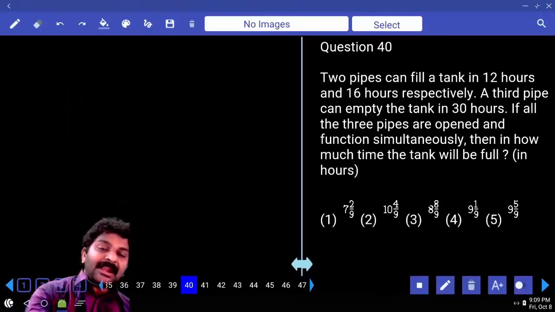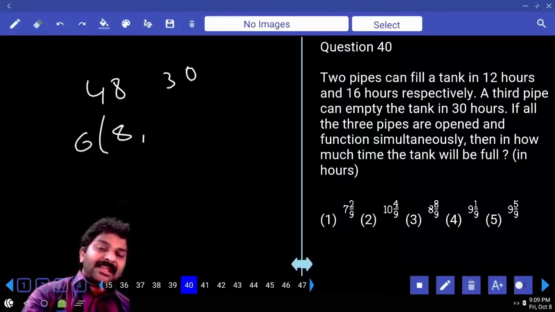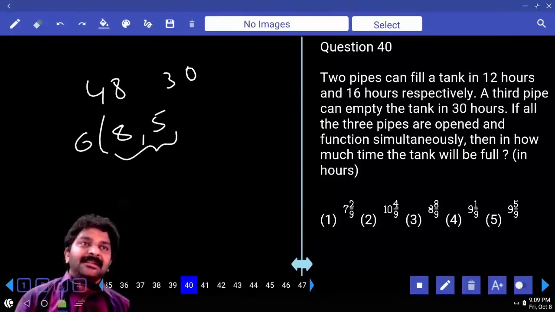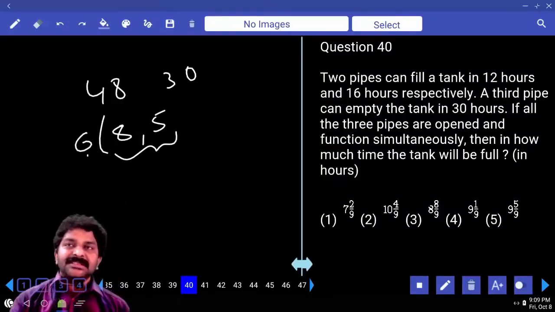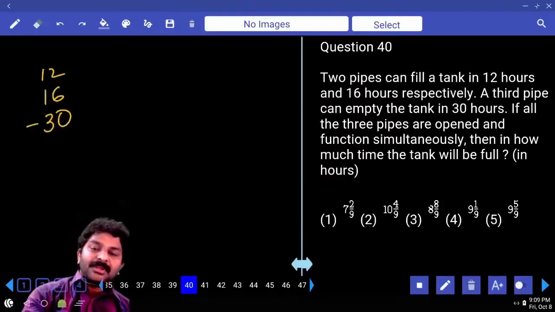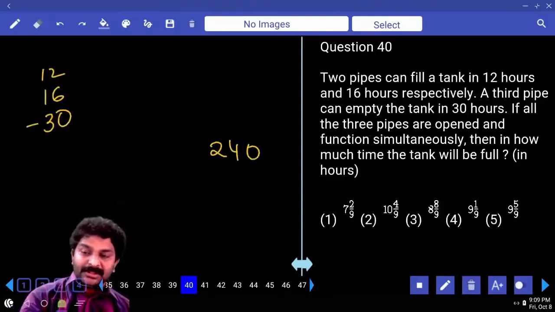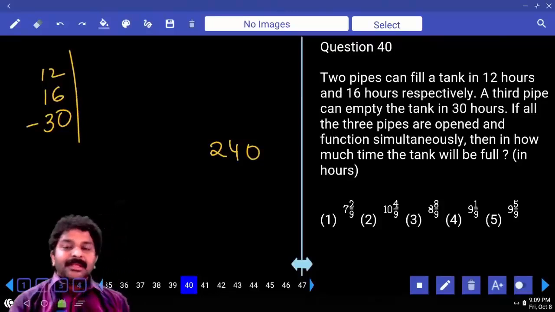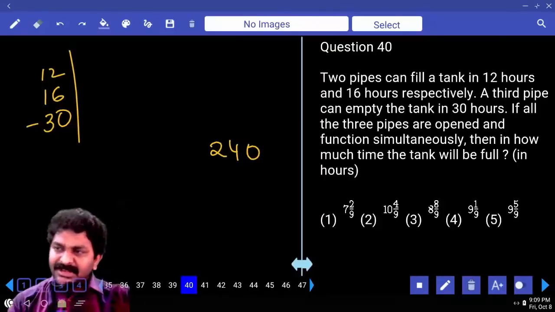So 30 and then 48 we have. Take 6 common. 6 8 times, 6 5 times. 5 into 8, 40 into 6, 240. LCM is 240. Now, 240 units can be filled by the first pipe in 12 hours.